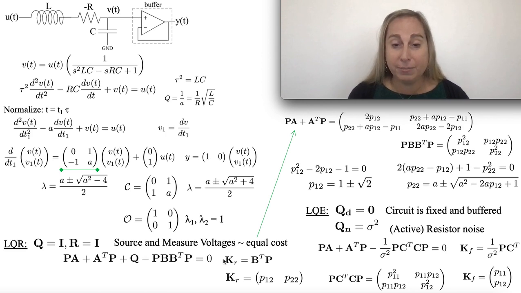This immediately raises the question of how complex it is going to be. Well, my vector is going to be B times P, so B is going to come into this. That means my KR vector is going to be a vector times some P. The two variables I'm going to care about are P12 and P22. I can go through and try to solve these. Remember, P is symmetric, so P12 and P21 are the same.